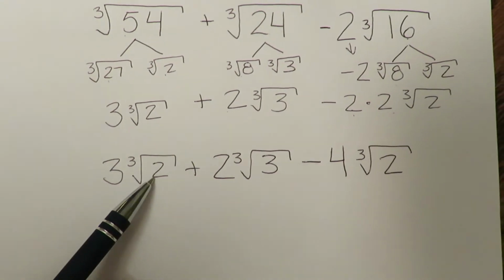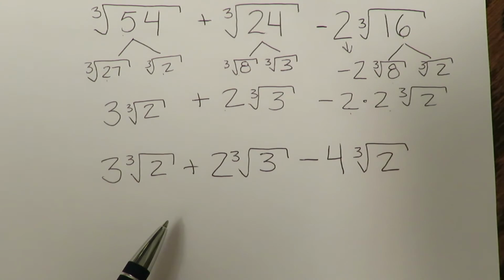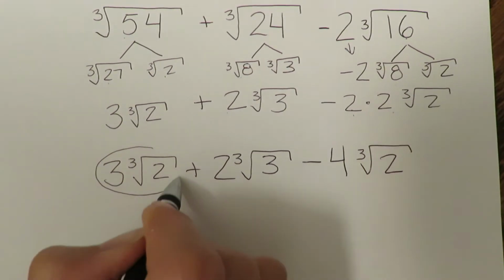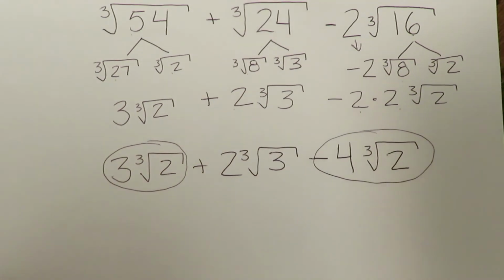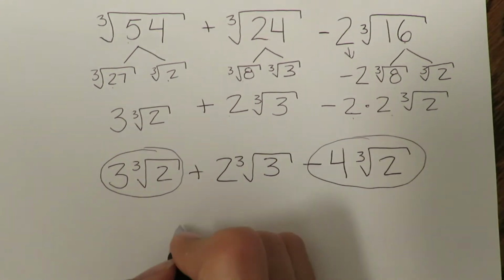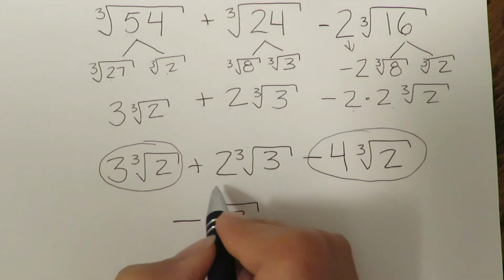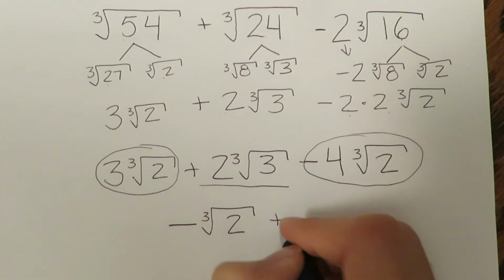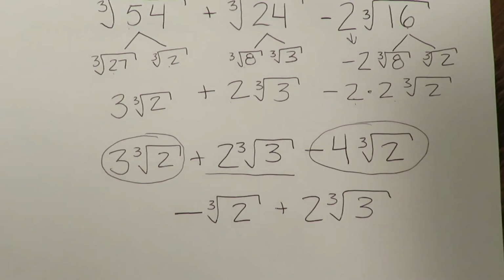I can't go lower on any of these cubed roots, but now I want to combine the things that are the same. So here I have 3 cubed root 2's and -4 cubed root 2's. So I can put those together and I'm left with just a negative cubed root of 2. And the last one there is 2 cubed root of 3. And I'm done.